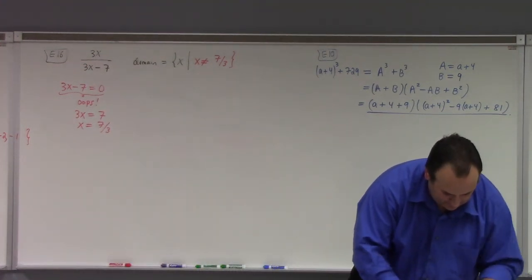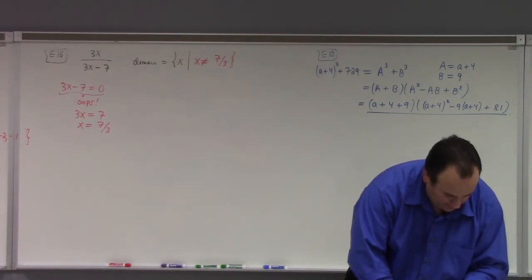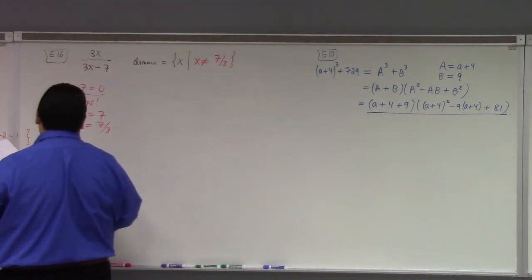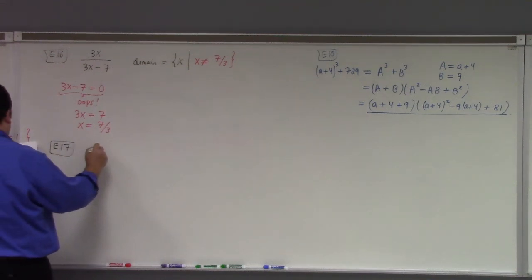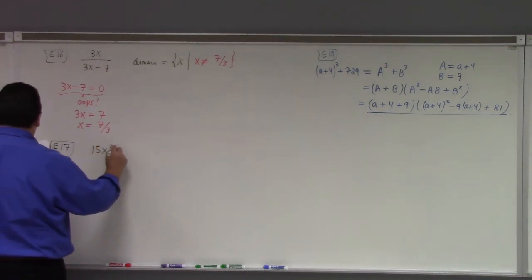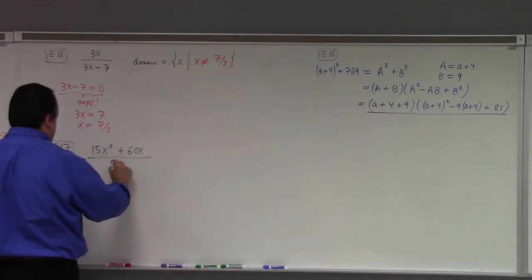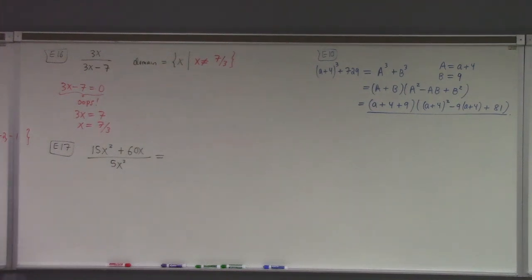Alrighty. Another simple polynomial arithmetic problem. If I have something like 15x squared plus 60x over 5x squared, how would you simplify that?